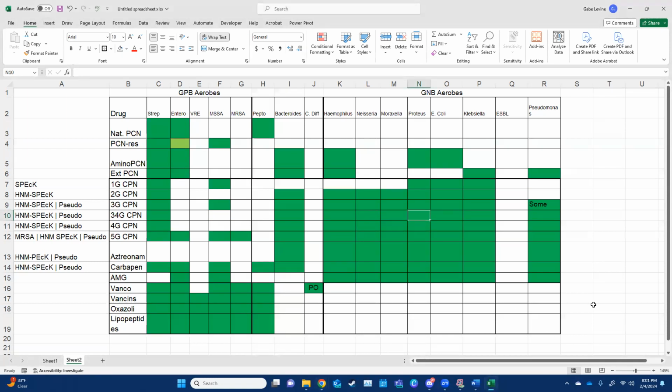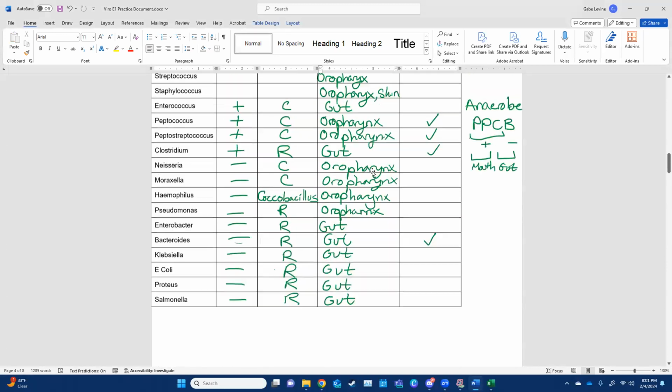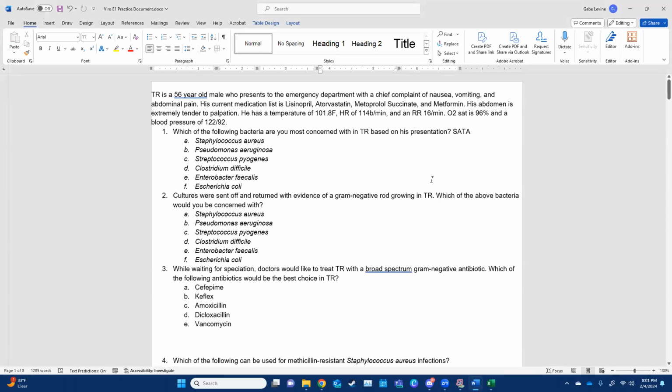All right. Any other questions about these? So like I said, you must know your bacteria. You have to. It will save you so much headache going forward in this class, being able to just know the bacteria and the spectrum.